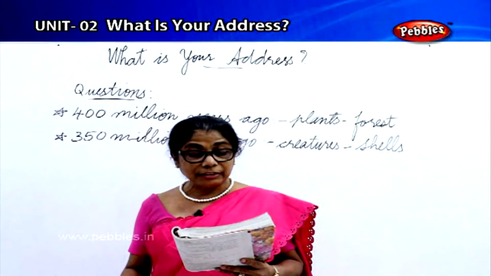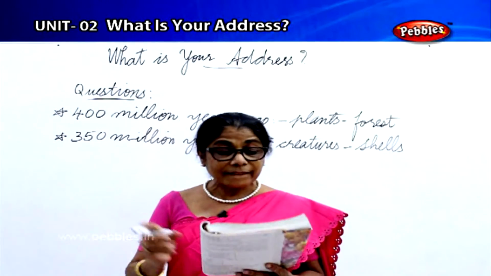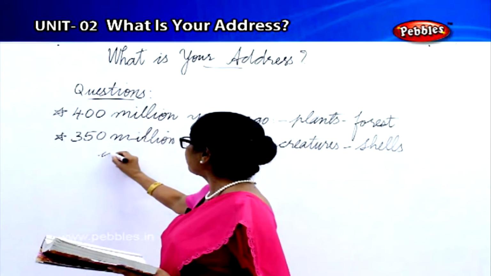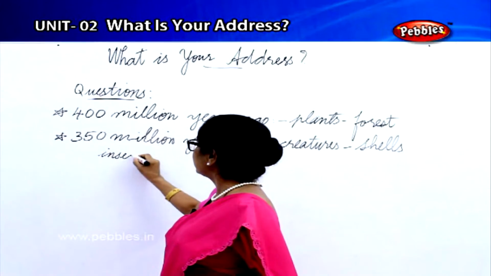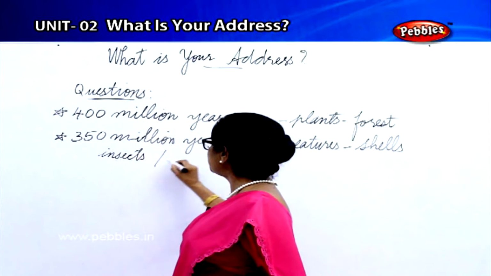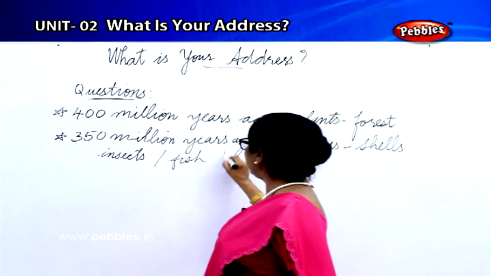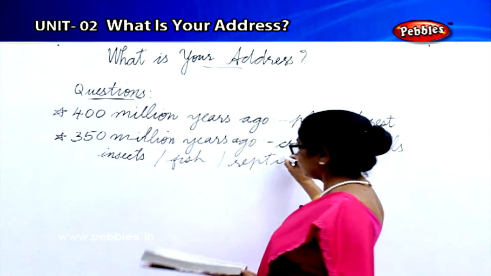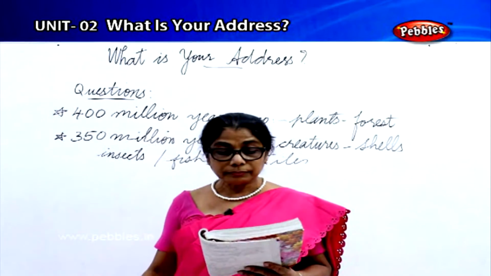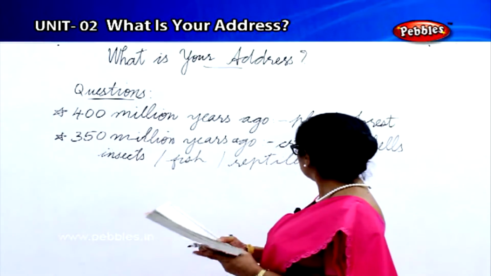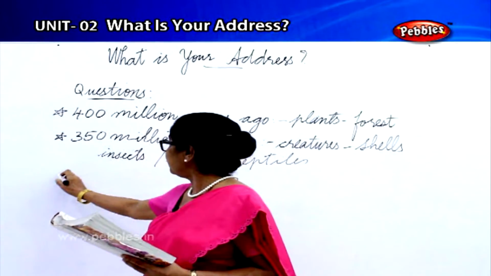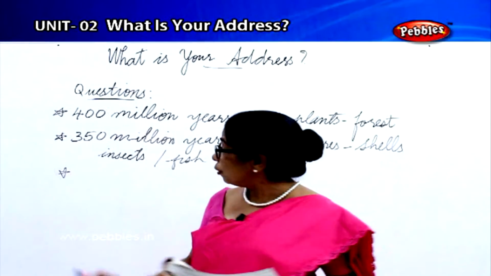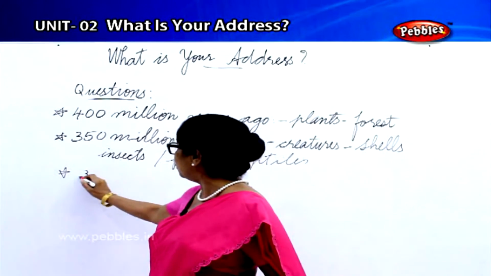Creatures with shells evolved into insects, fish, reptiles. So we have insects, fish, and finally reptiles. Okay.